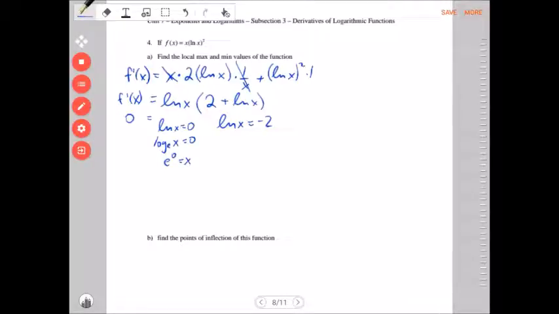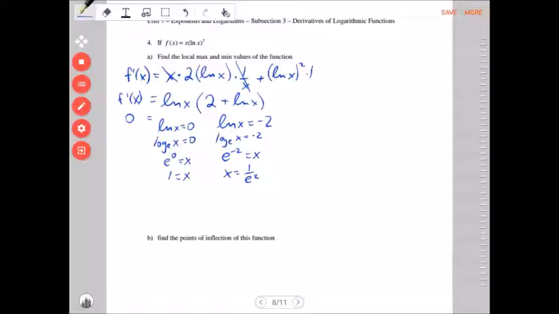Well, remember, e to the 0 is just 1, so we have a critical value at x equals 1. And then we'll do the same thing here, e to the negative 2 equals x, which of course is just 1 over e squared. Okay, so those are our critical values.